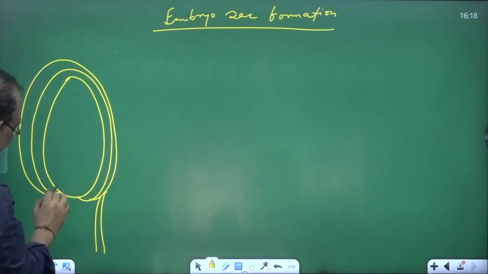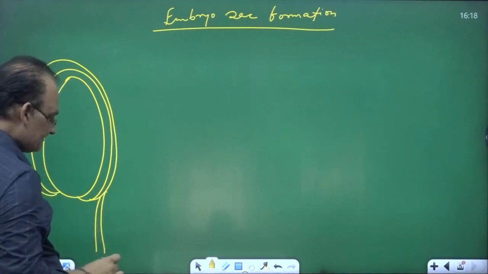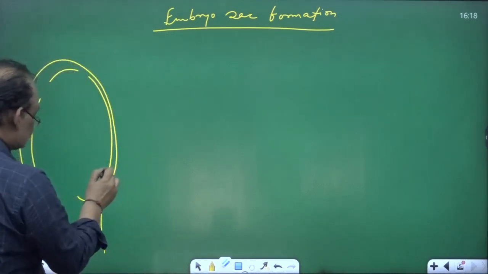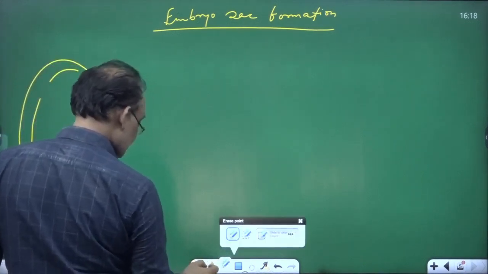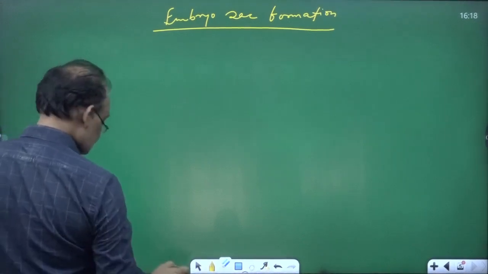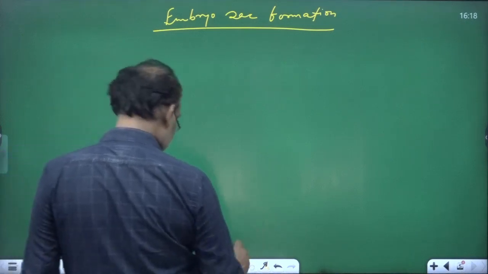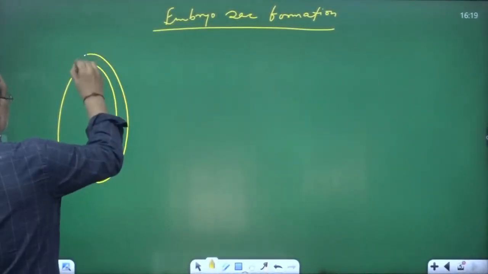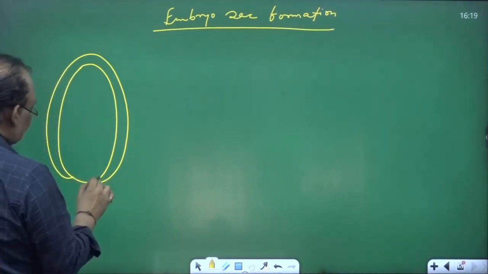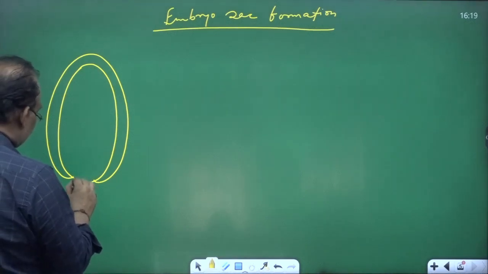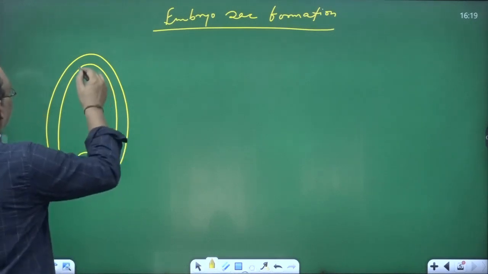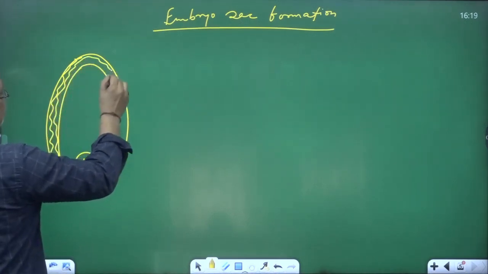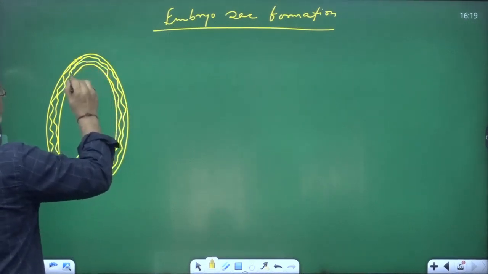This is actually the ovule, right? So ovule is covered by, and this I told you was the structure, and here there is a tissue. This tissue is called nucellus.